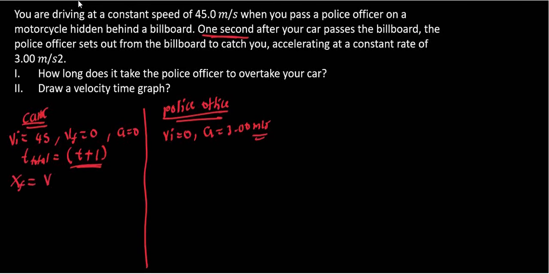This formula. And you are moving at 45, and the total time will be t plus 1. That 1 second, that's what it means there. So you have 45 times t, then 45 times 1, it will be 45. Just like that, right? And this side, it is the same equation with the acceleration now.